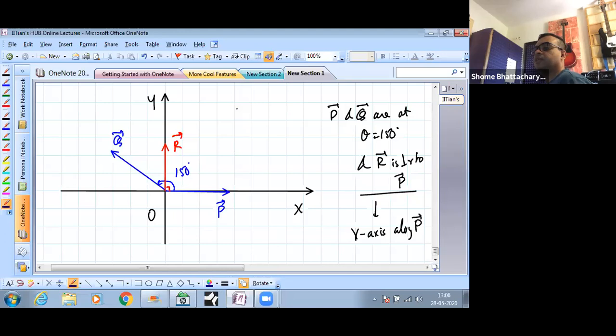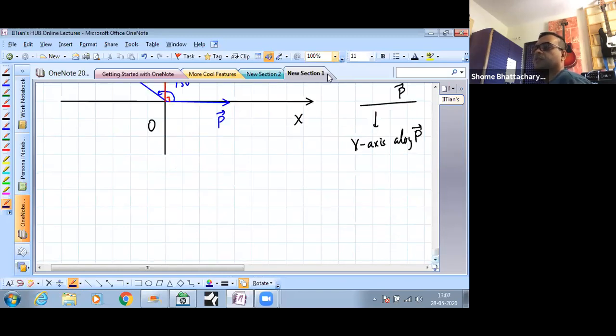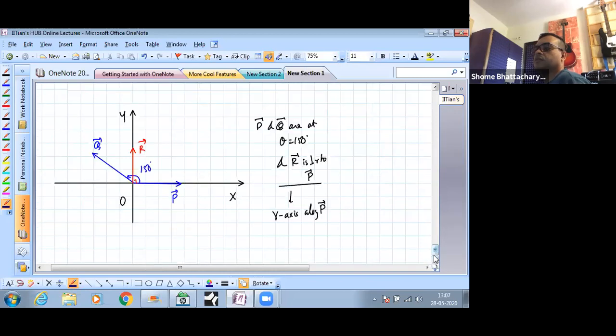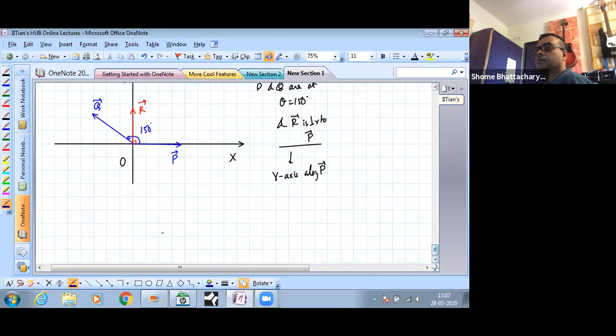So my vector P will, according to this, become P i cap. Let's write this below. So according to this now, my vector P is some unknown magnitude but along the x-axis.